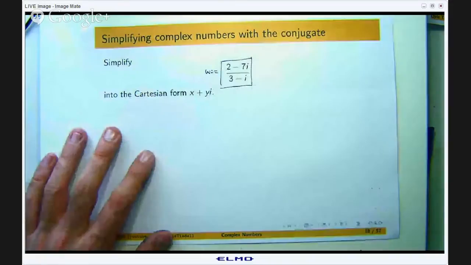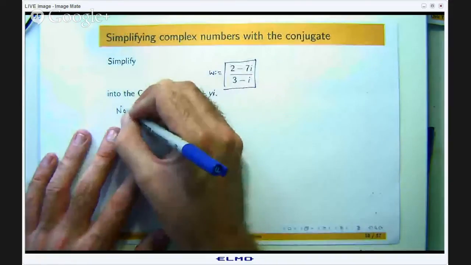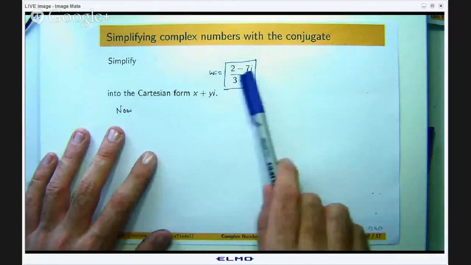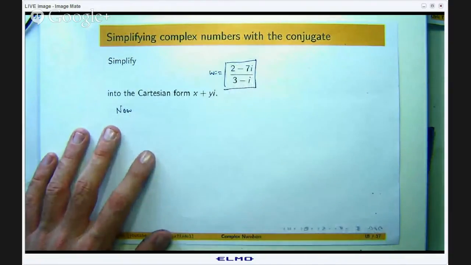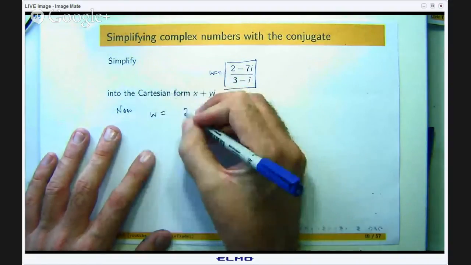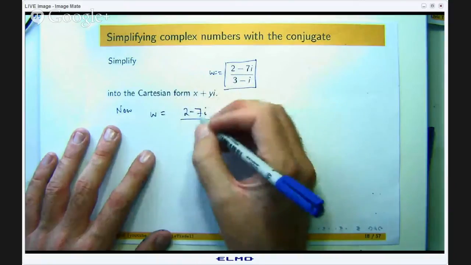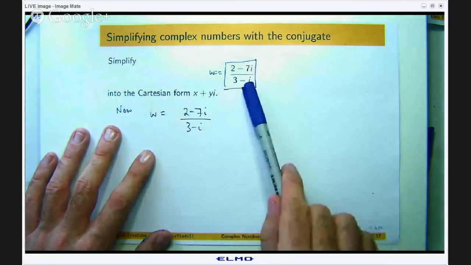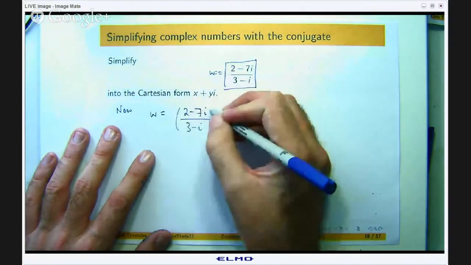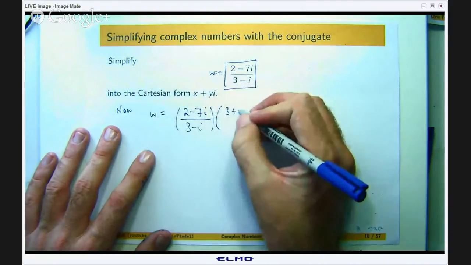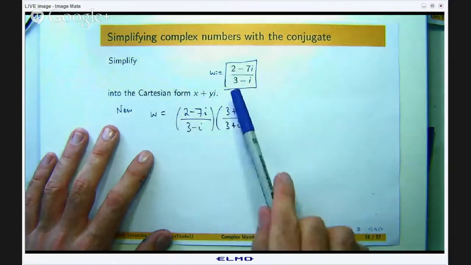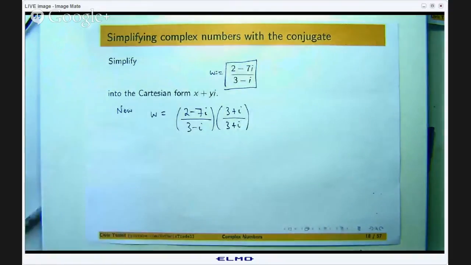I'm going to multiply through by a factor of 1, where I look at the denominator and I choose the conjugate of this. I look at the coefficient of i, it's a -1. So let's change the sign on that, change it to a +1, and then multiply through by a factor of 1. So instead of 3 minus i, I have 3 plus i now.